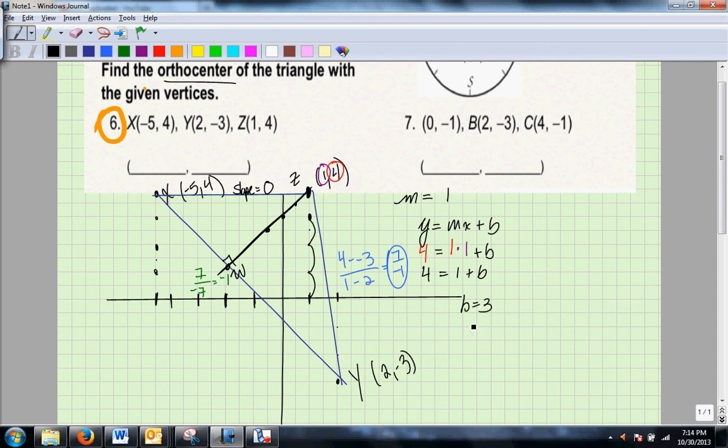So the equation of that line is going to be y equals 1x plus 3, which if you look very carefully, there's your intercept right there, so we know we're correct. So this is y equals x plus 3. All we have to do is find another altitude.